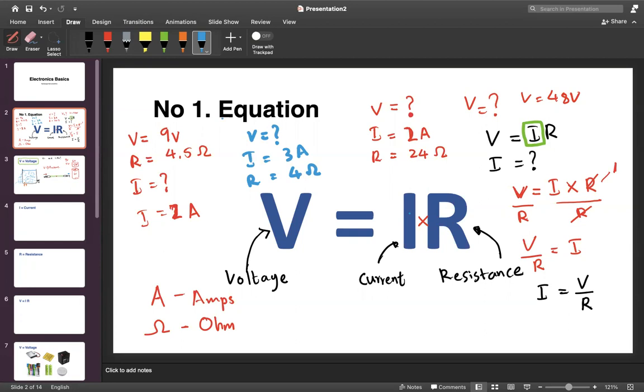Amp. The next one is ohm. No, I want you to find what V is. The voltage is current multiplied by resistance. When I is 3 amps and resistance is 4 ohms, what is the voltage? Current and resistance. Yeah, but I want you to find voltage.